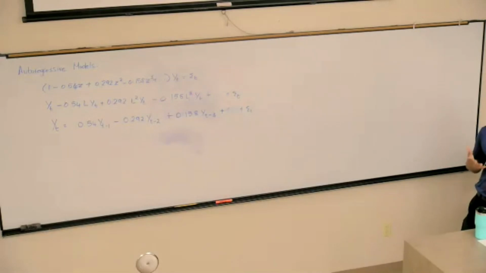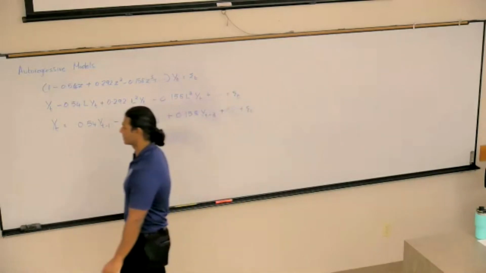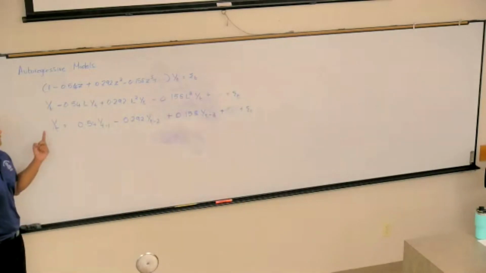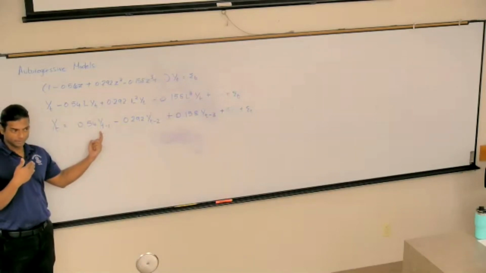So what we did is we took an MA1 model, which is a moving average model, and converted it to an autoregressive model, which is an AR model. What do we mean by autoregressive? Here yt depends on itself with lag 1.